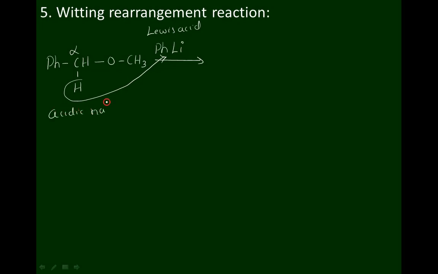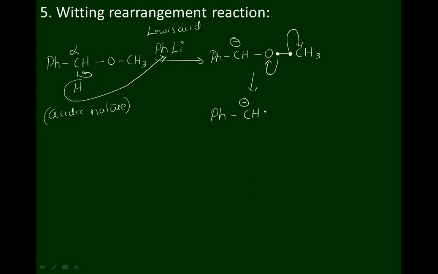It is highly acidic because it is bonded to the benzyl carbon, a carbanion forms, and these electrons come here to form PhCH(-)OCH3. Now here these electrons will go towards this CH3 group, and these electrons will come towards the oxygen to form one more intermediate, PhCH(-)O free radical plus CH3 free radical.